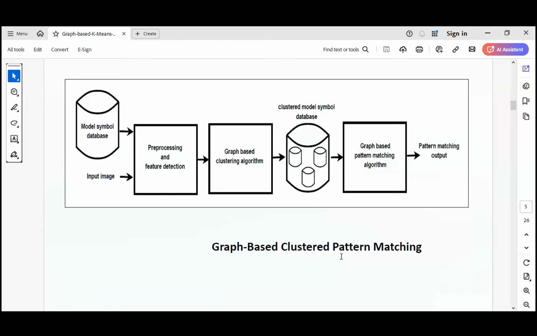When we incorporate graph-based clustering with traditional pattern matching, the model symbol database is arranged as a clustered model symbol database, which becomes a graph database. The input image is also converted to graph format, and we compare the objects of the input image with the model database. The pattern matching policy is also graph based, and then the pattern is identified from the given architectural plan. This is the theme of the paper.